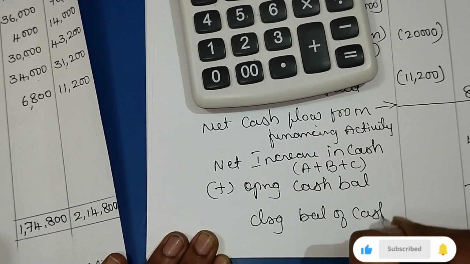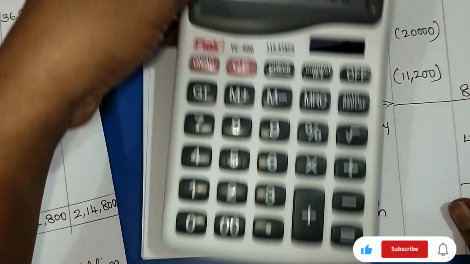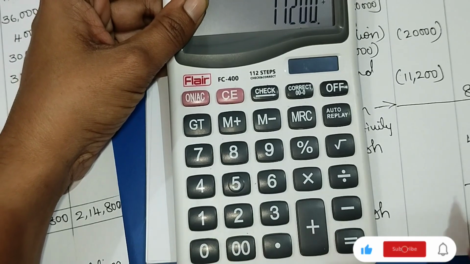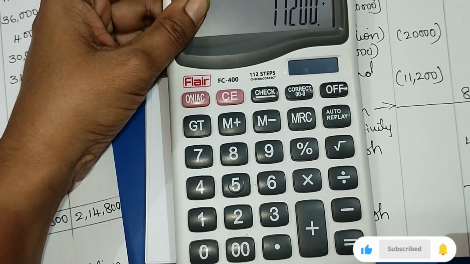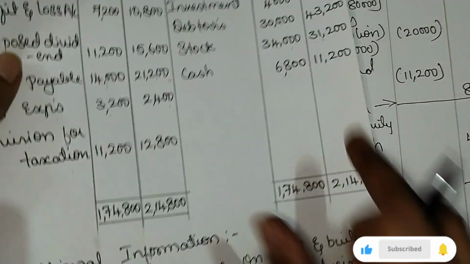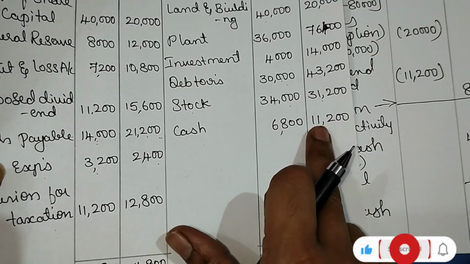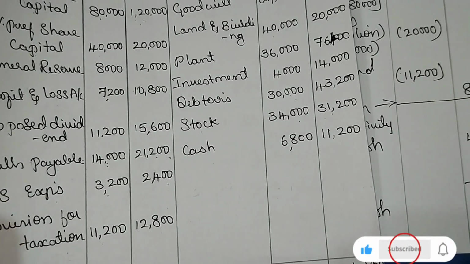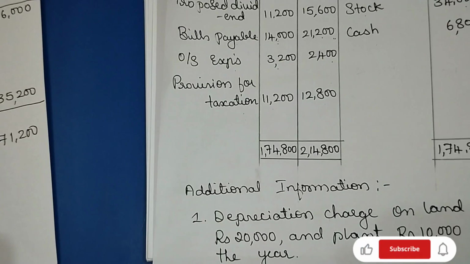That is how we are tallying the cash flow statement. 4,400 plus 6,800. See, 11,200. You will have the answer, but you need to find out how you have got that answer correctly or not. 11,200. Okay. So this is all about cash flow statement.